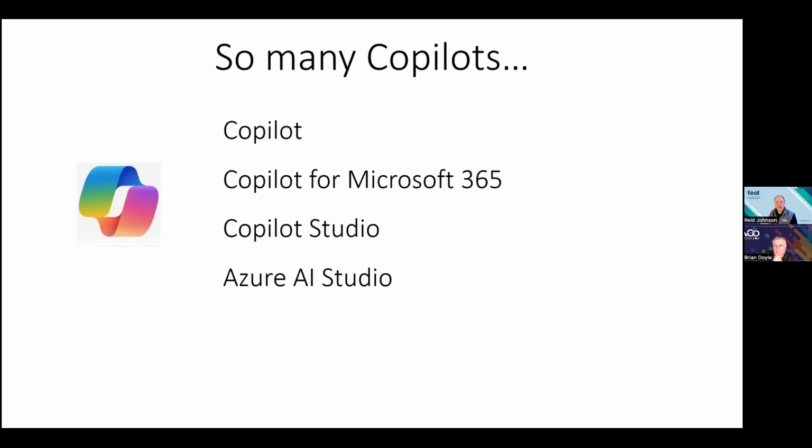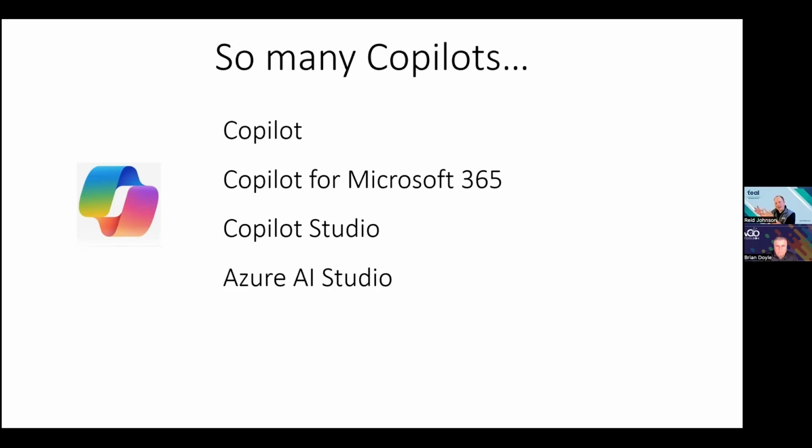And then there's Azure AI Studio, and that's really the piece behind all of this. Azure AI Studio lets you create your own large language model, lets you build your own custom GPTs effectively, and it lets you access data that's outside of your tenant, like SQL databases, maybe third-party services through APIs.